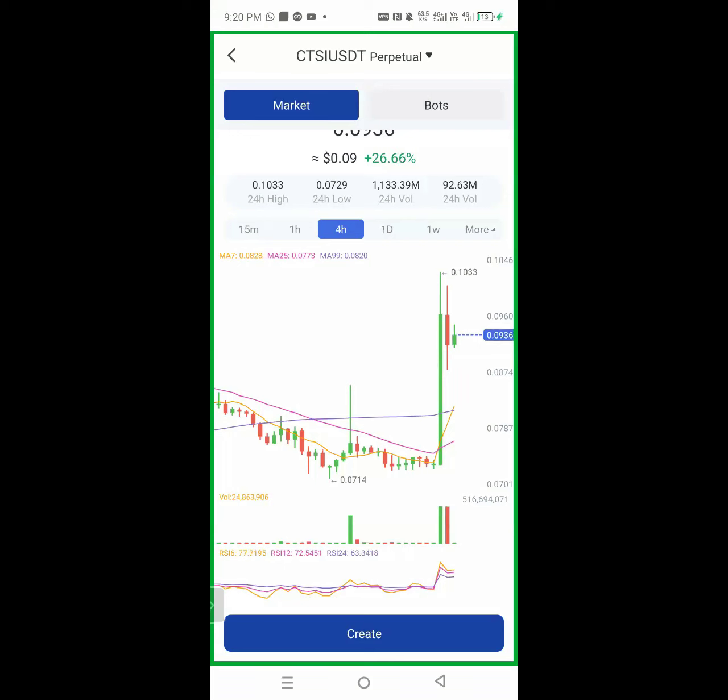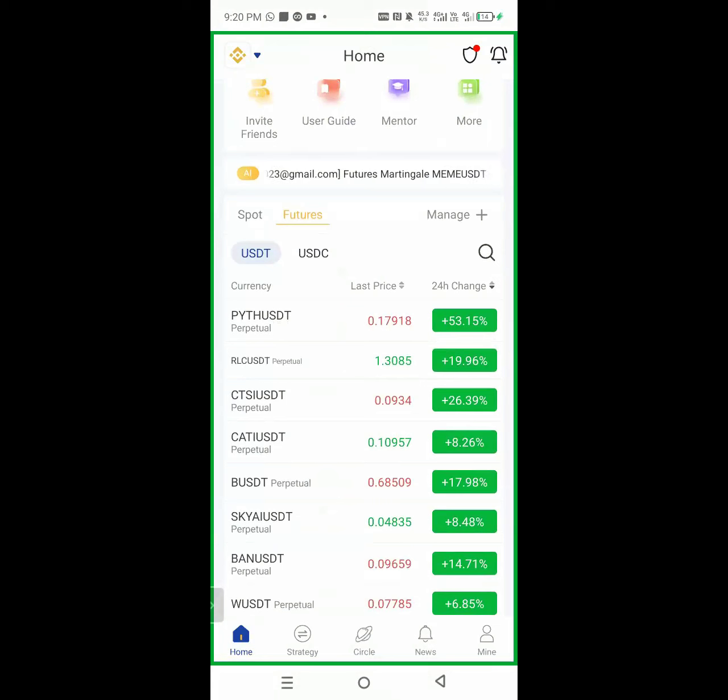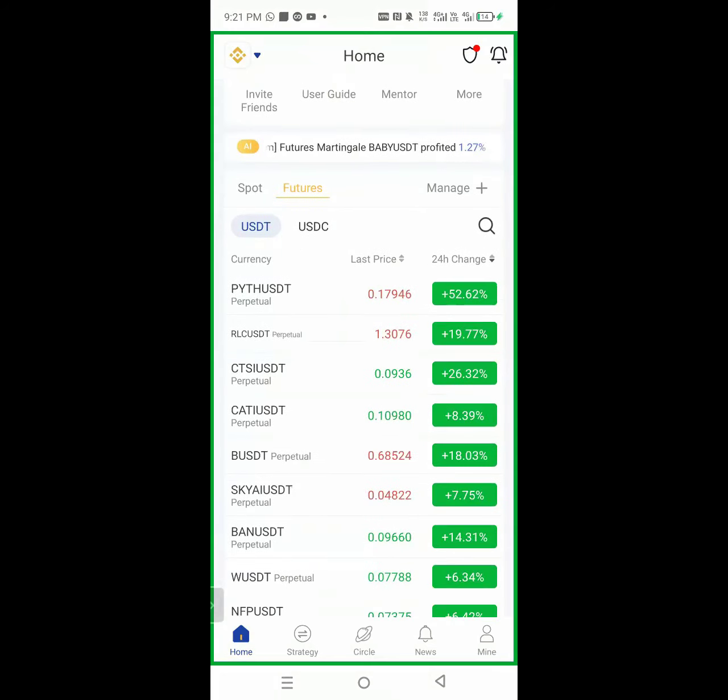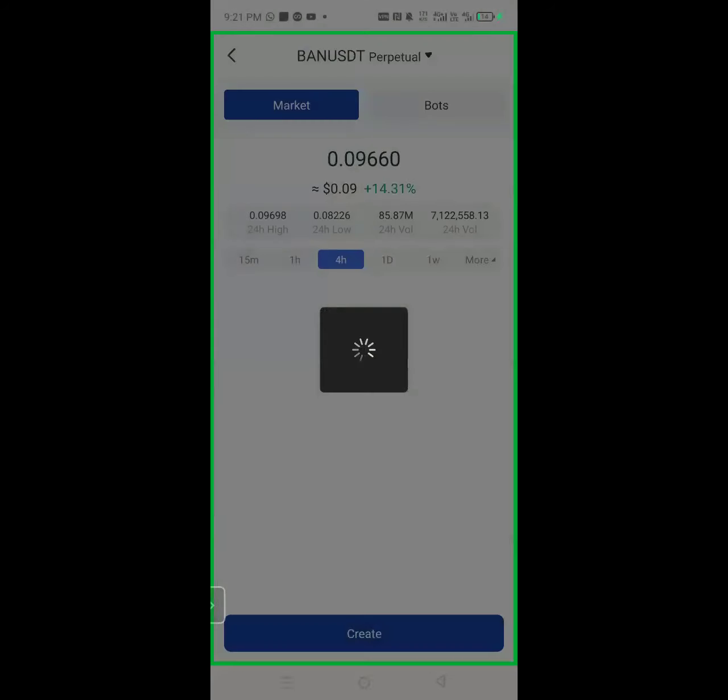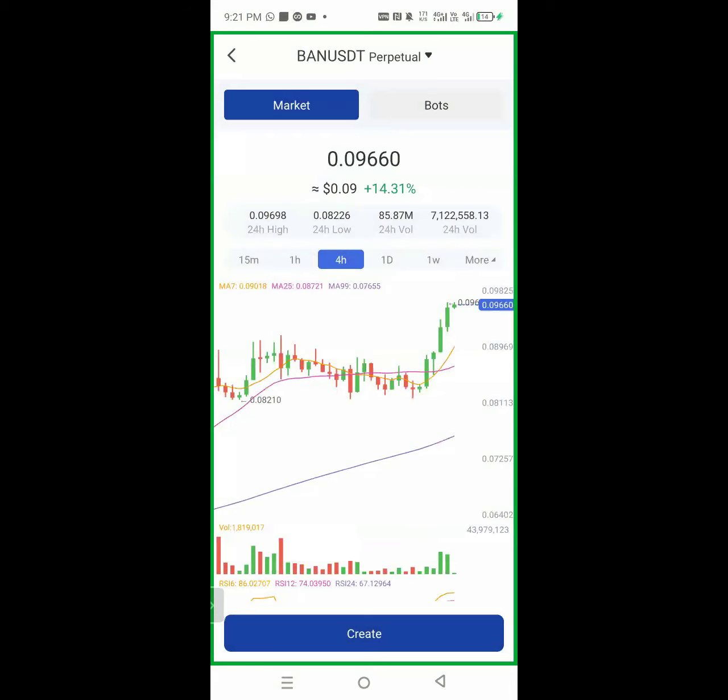RSI 6 is 77, RSI 12 is 72. So until this 77 gets to 80, and the RSI 12 also gets to 80, before it will start. Once you set the trade with indicators, you should be patient for the conditions to be met.